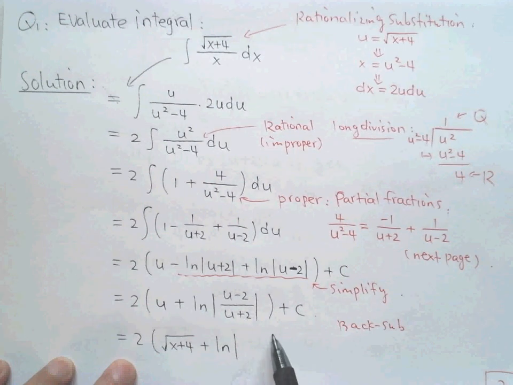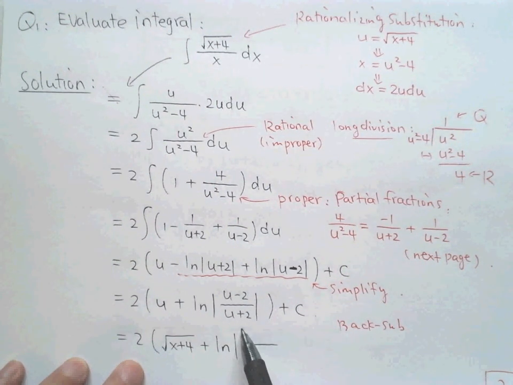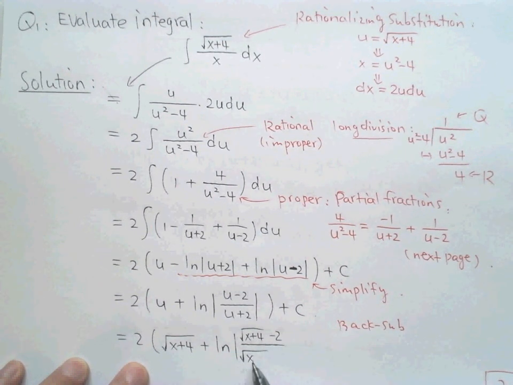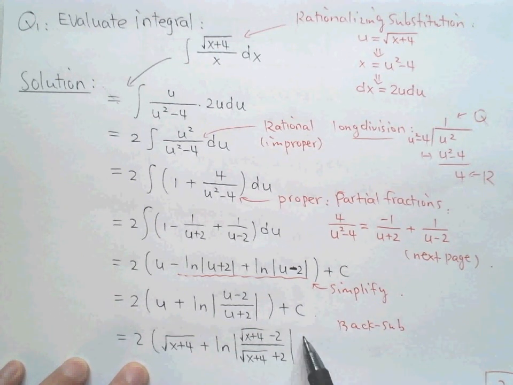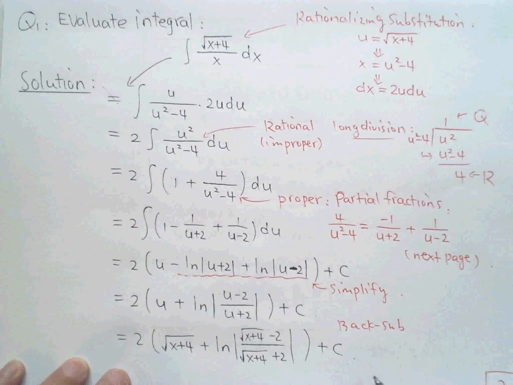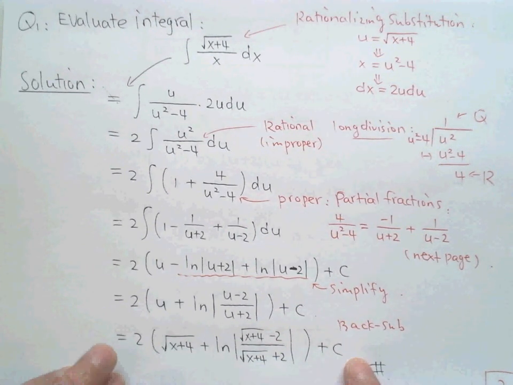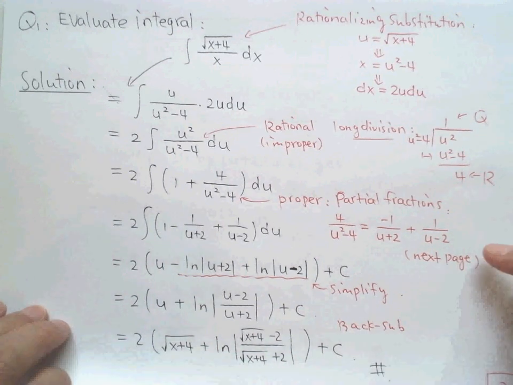And ln, this is a complicated term, so I put here a fraction: square root of x plus 4 minus 2 over square root of x plus 4 plus 2, parenthesis, and then plus c. That's the answer. Probably someone remembers to rationalize the denominator; if you like, you can, or you just leave it here.